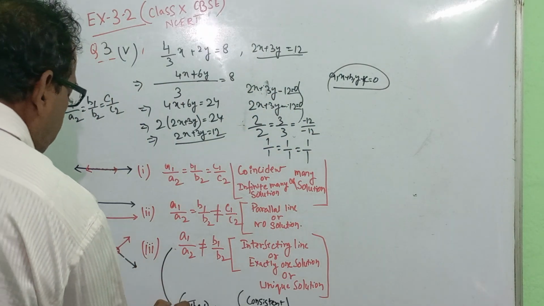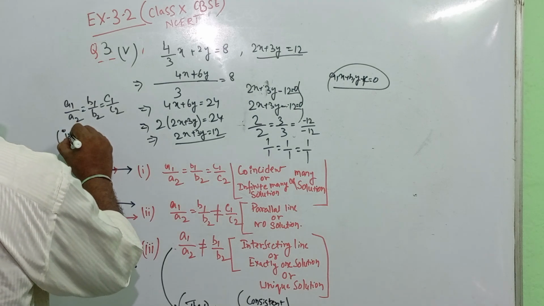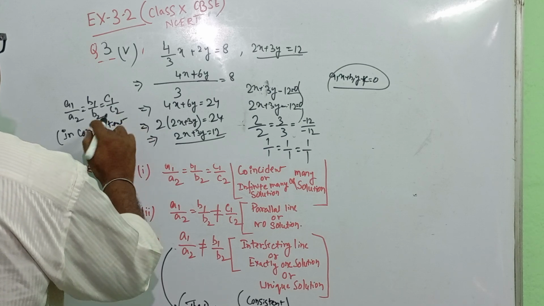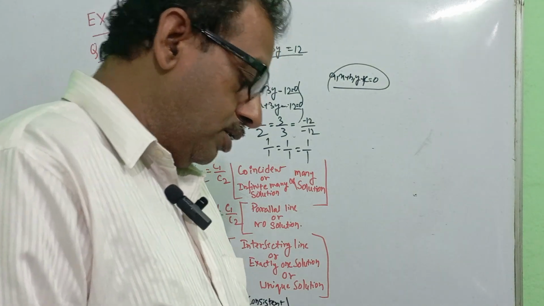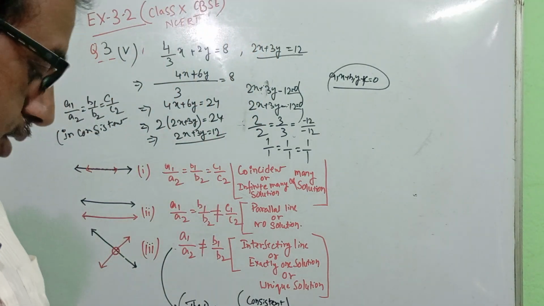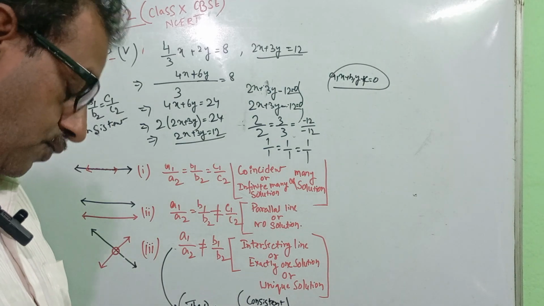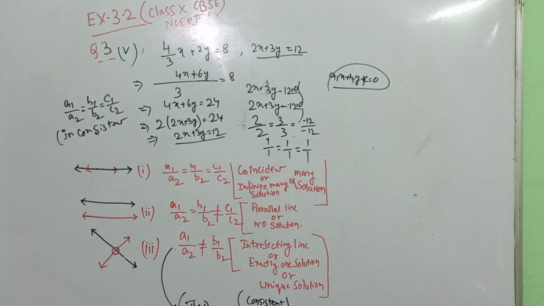This is a very important thing. So this line is inconsistent. Have you cleared that? What is consistent and inconsistent? So do question number 2 and 3 properly, exercise 3.2. In the next class we will go through question number 4, 5, 6 and 7. Thank you for the day.